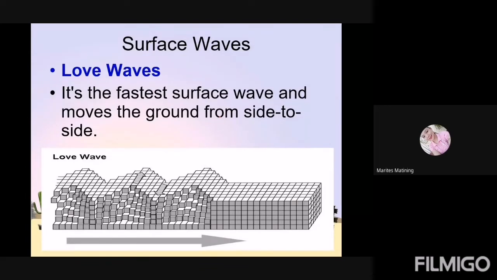Oy, dalawa na yung nag-send. Very good. Okay. So, ano yung movement ng love wave natin? Okay. It moves the ground side to side. Okay. So, that's our love waves.